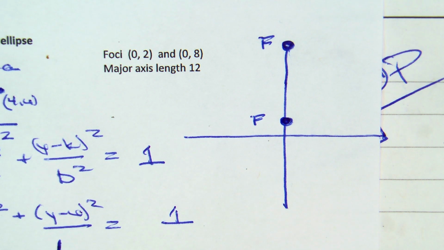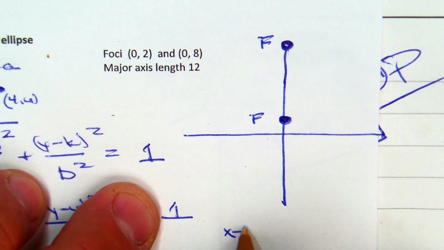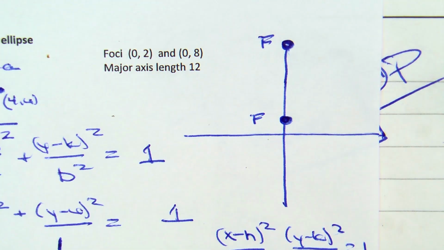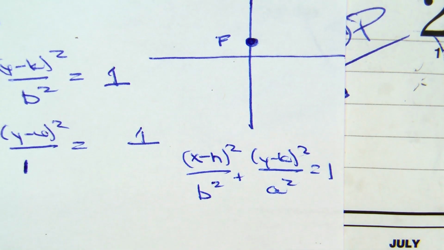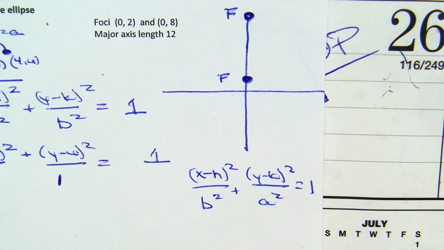So for this one, the major axis is the y. So a² is going to be underneath that. So I got (x minus h)² over b² plus (y minus k)² over a² equals 1. So even if you do nothing else on the take-home quiz and do that, at least you can get that.